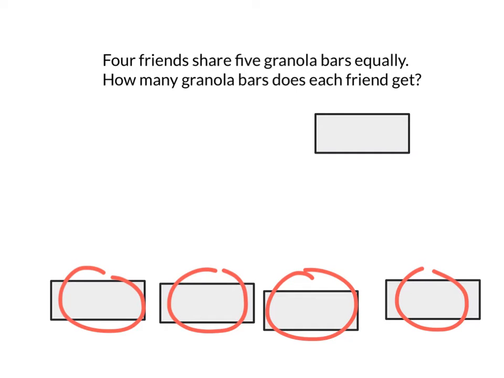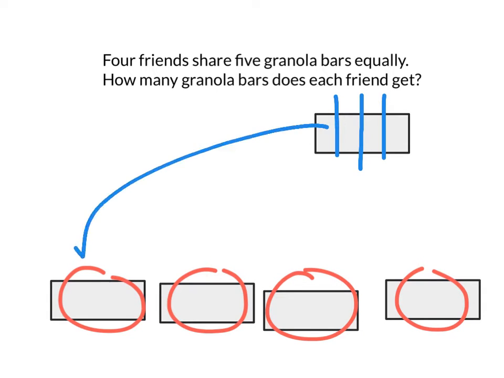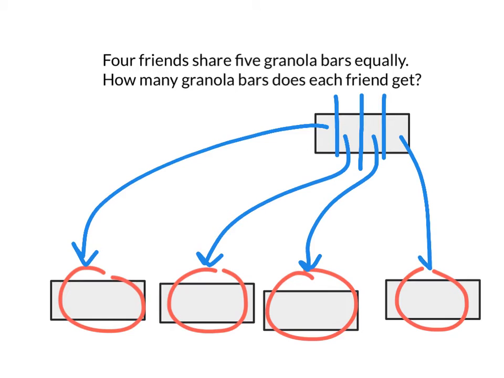Take a minute to think about how I share that last granola bar with my 4 friends. Okay, well, because it's food, I can divide it in pieces. I can divide it into 4 equal pieces so that this piece goes to this friend, this piece goes to this friend, this piece goes to this friend, and this piece goes to that friend.